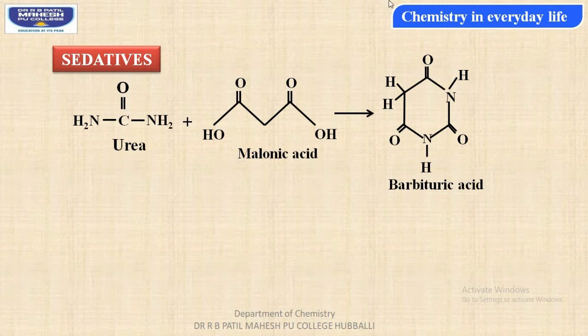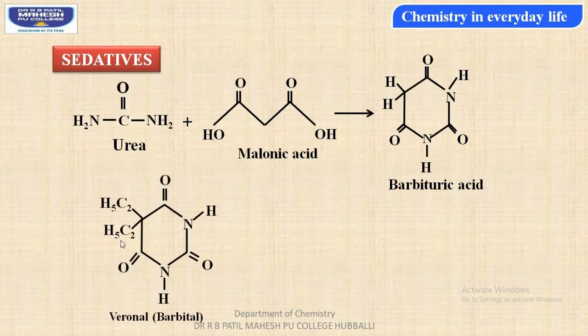And students, from the barbituric acid very easily we can obtain veronal, barbital, by replacing both the hydrogens of barbituric acid by ethyl group, whereas rest all the structure remains the same. So the molecule we obtain is veronal, barbital.